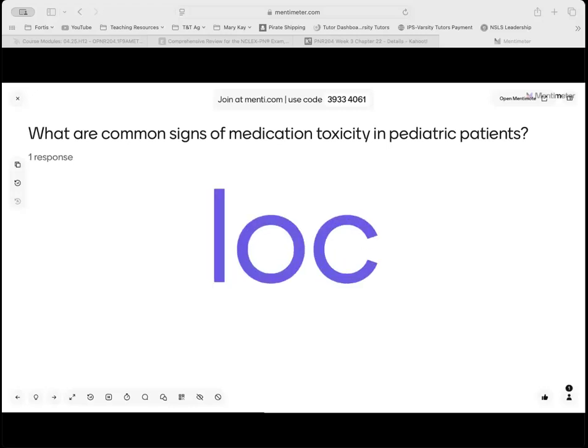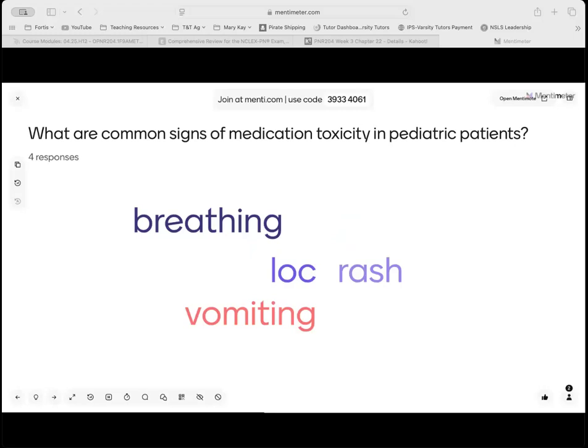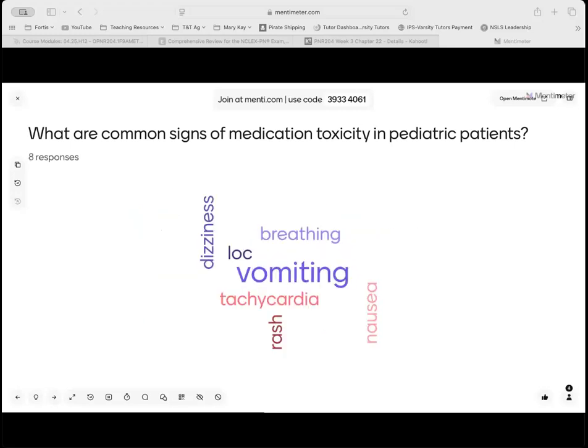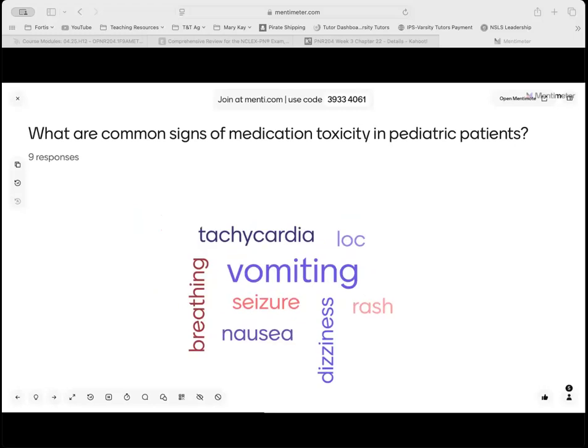Change in consciousness. Yep. What else? Vomiting, changing of any of our vital signs. So their breathing might change, a rash, nausea, dizziness. Yep. Tachycardia. We've got a lot of good ones there. Seizures. Yeah. Hopefully we catch it before then.